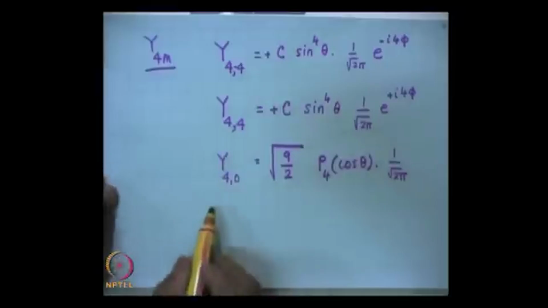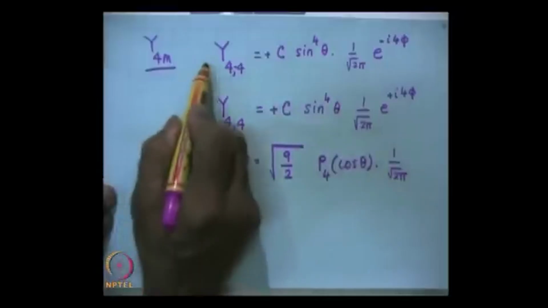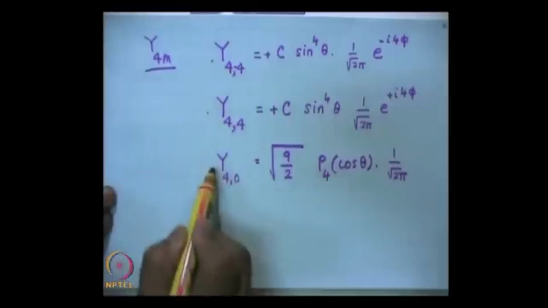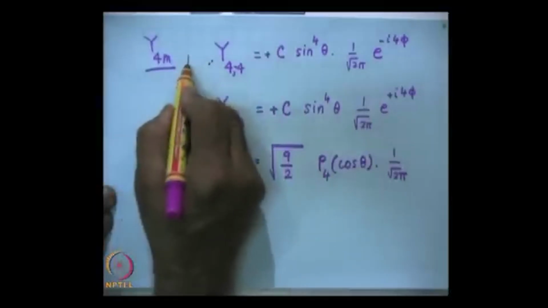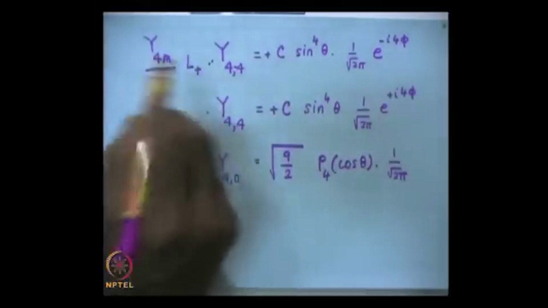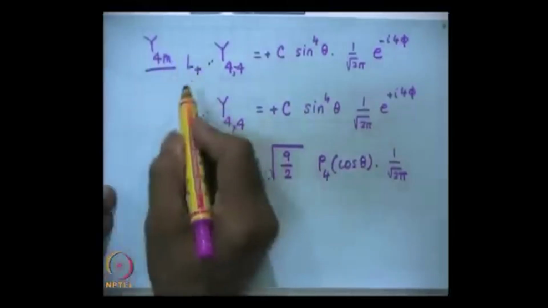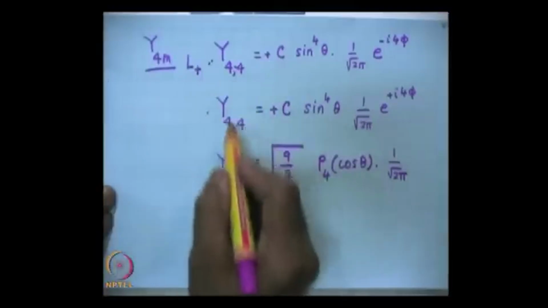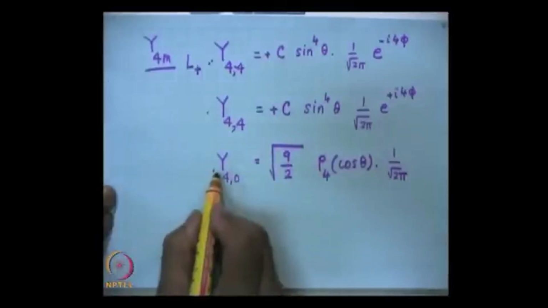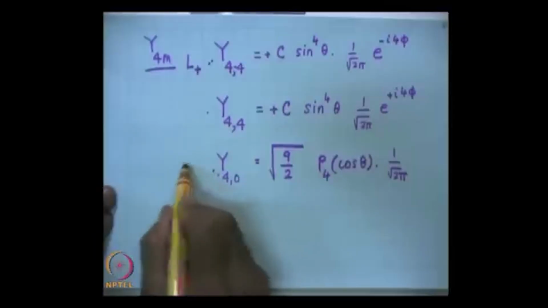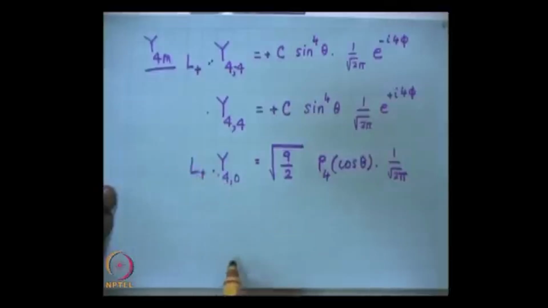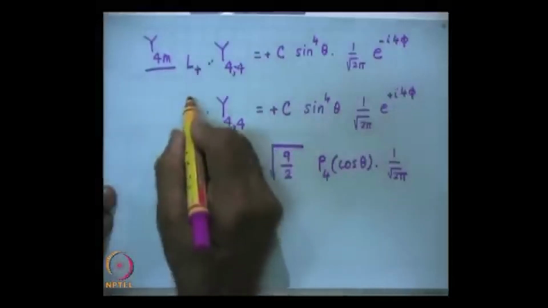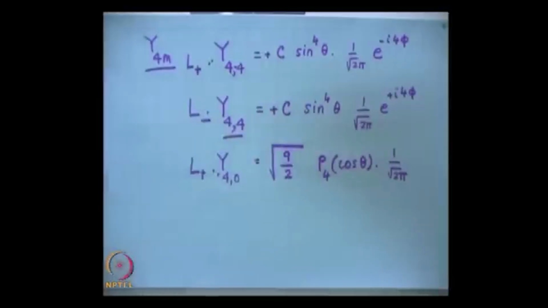Of course, I must know the value of c. I can start with either of these expressions. If I start with this, then I must operate this by L plus and then again by L plus, then again by L plus and get all these. If I start with this, then if I operate this by L plus, then I get Y4,1, Y4,2, Y4,3 and so on, and if I start with this, then I must operate by this.